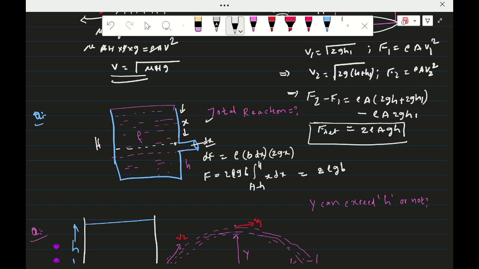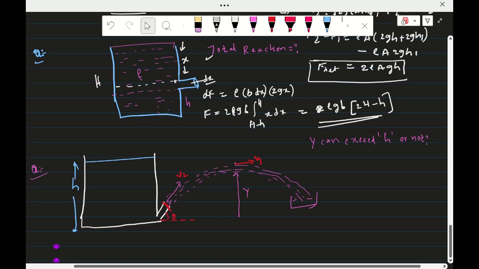The 2 gets cancelled, square is coming, and 2 is no need to take: rho g into b of 2 capital H minus small h. So this is the reaction force on the tank by the small slit or small hole.